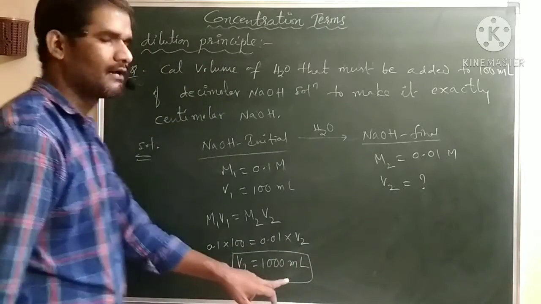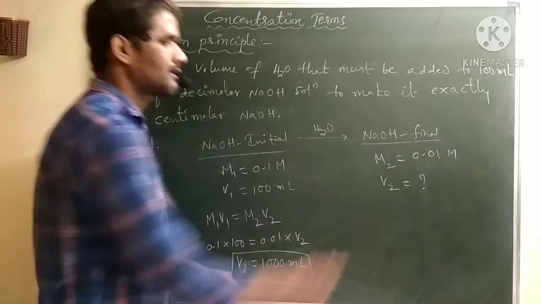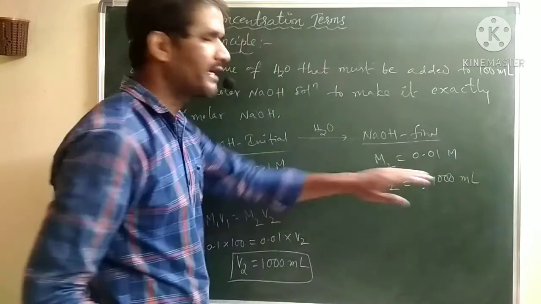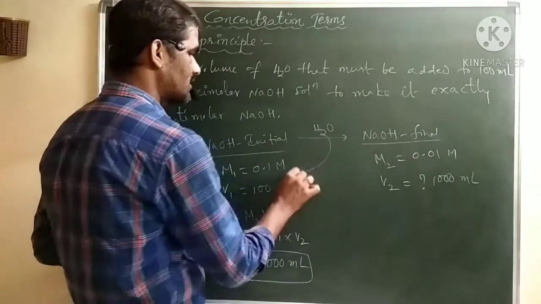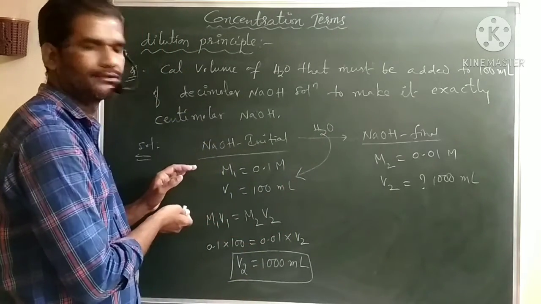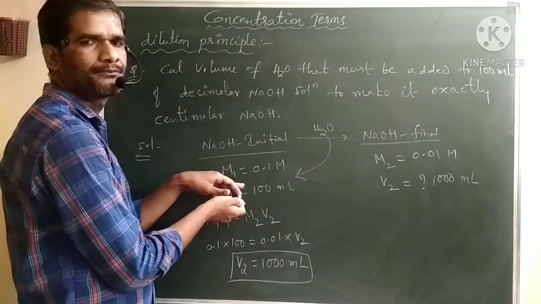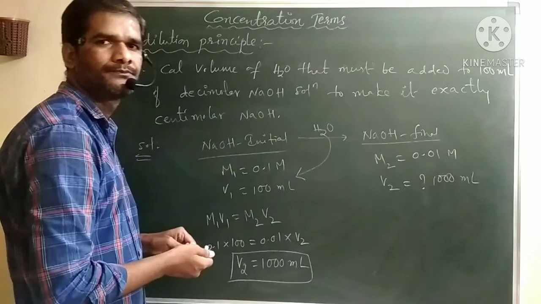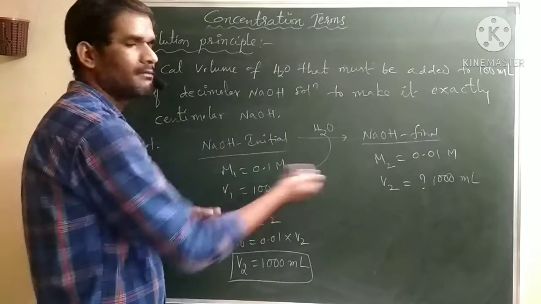And this is the final volume. So here V2 we are getting 1000 ml. Then to get this 1000 ml, how much water do we have to add to this initial solution? Initially we already have 100 and this is changing from 100 to 1000. Then how much do we have to pour here?